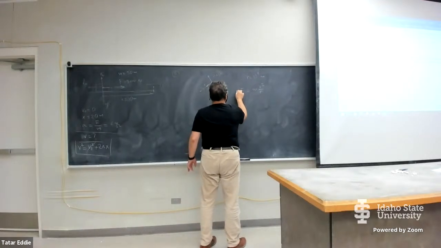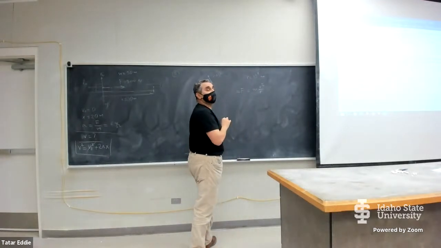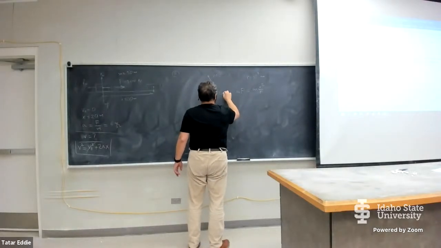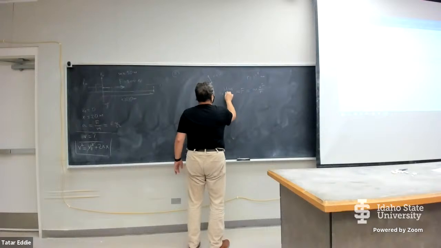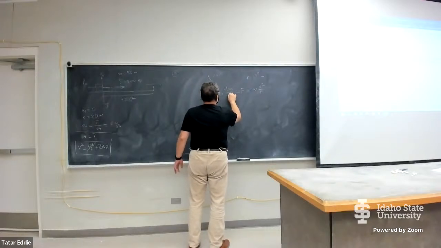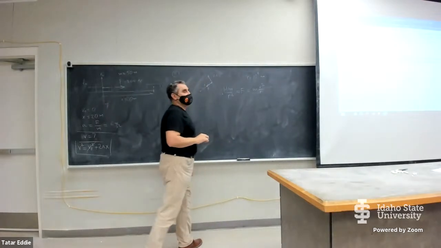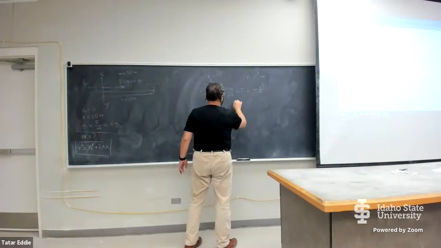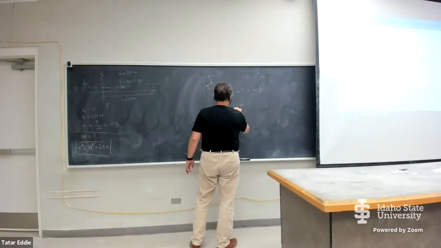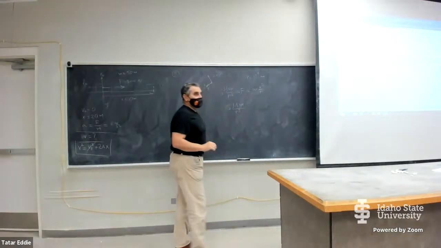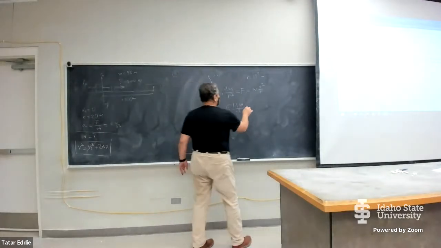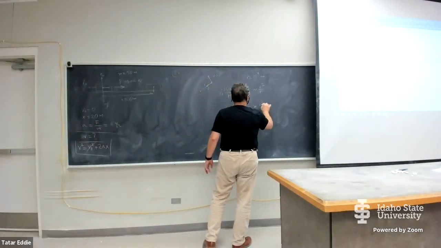But the force is gravitational, and therefore it is given by Newton's law of gravitation: gravitational constant times the mass of Saturn times the mass of the ice cube divided by the distance between them squared. In other words, your equation looks like this: gravitational constant, mass of Saturn, mass of ice cube divided by the distance between the center of Saturn and the ice cube squared should be equal to mv squared divided by r.